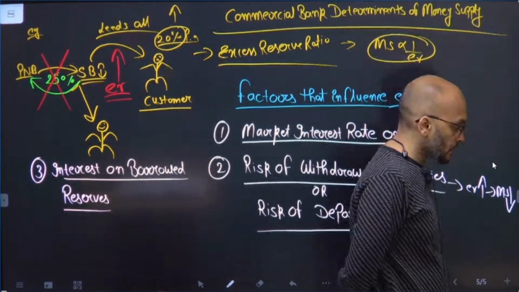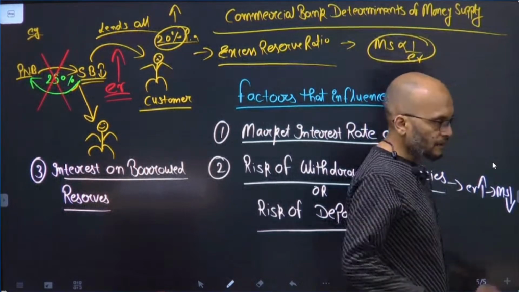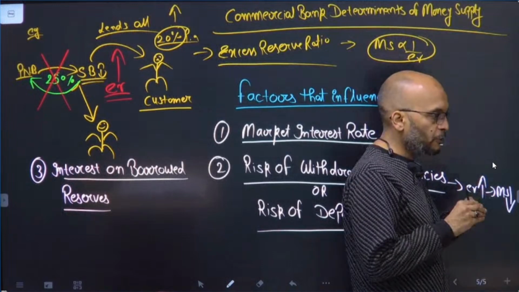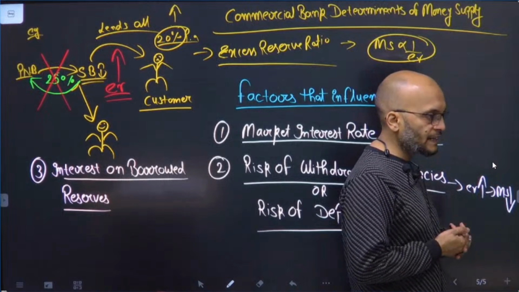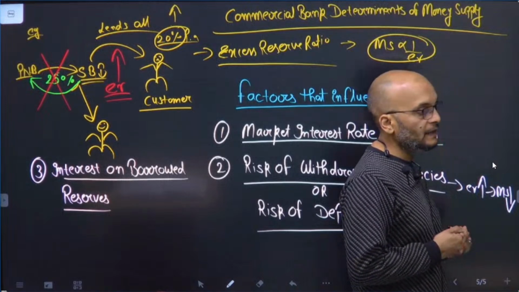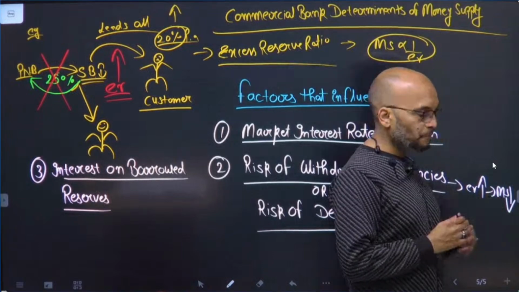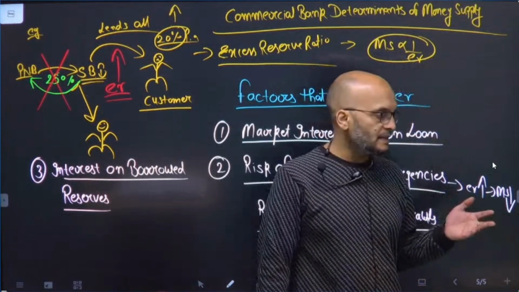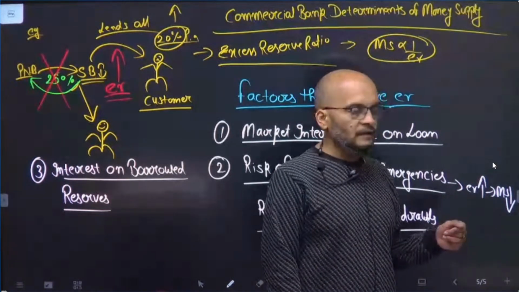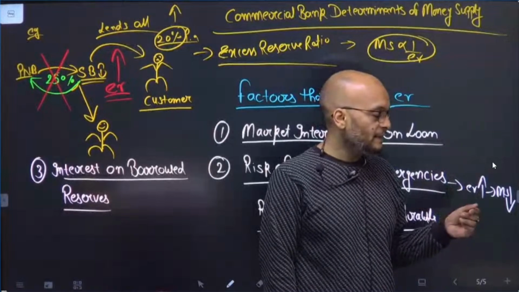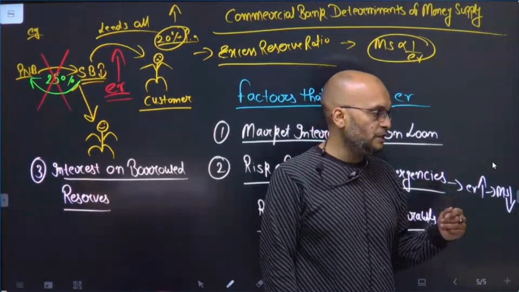Jyotika, it is my humble request to you. Please try to elaborate your questions. You write in a very short manner, and it is not understandable to me. So please elaborate your question.